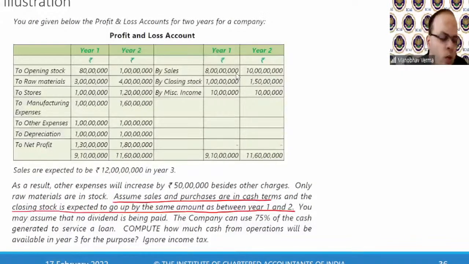Guys, any thoughts? What needs to be done here? So I think the starting point would be to calculate a year 3 P&L for us.